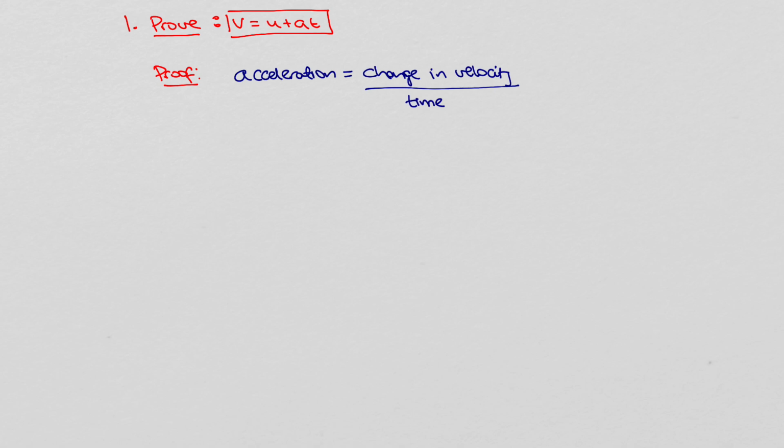So we know that acceleration is a, and our change in velocity is the final velocity, which is v, minus the initial velocity, which is u, over the time taken, which is t.